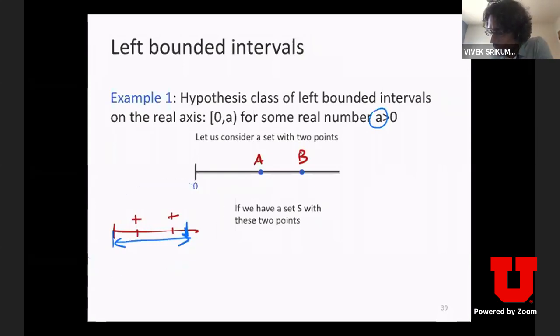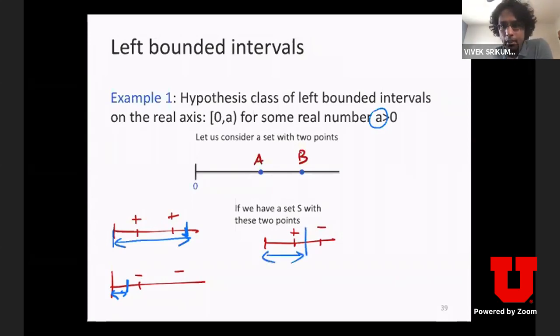What if both of them are labeled as negative? So you have minus and a minus, then I can put the A on the inside and this works. Let's consider the third case when the first point is labeled as positive and the second one is labeled as negative. Then I can put the A in between and say everything inside that is positive.